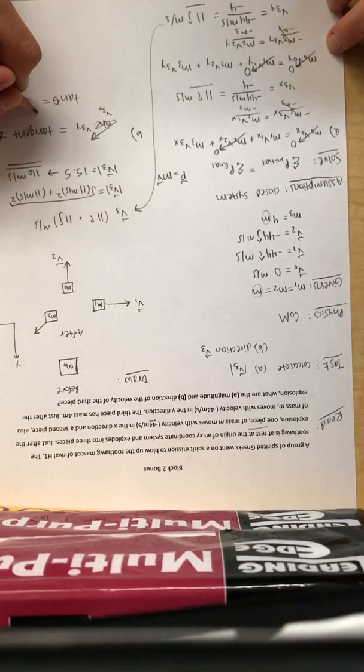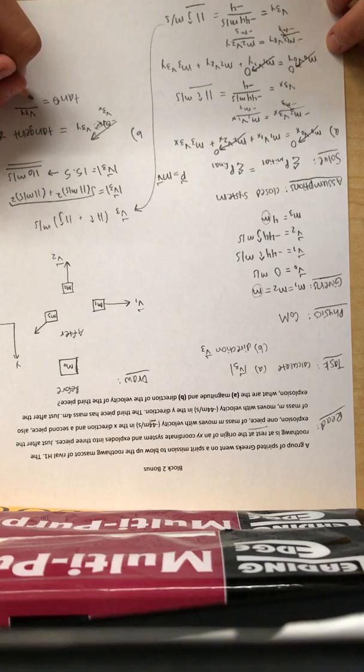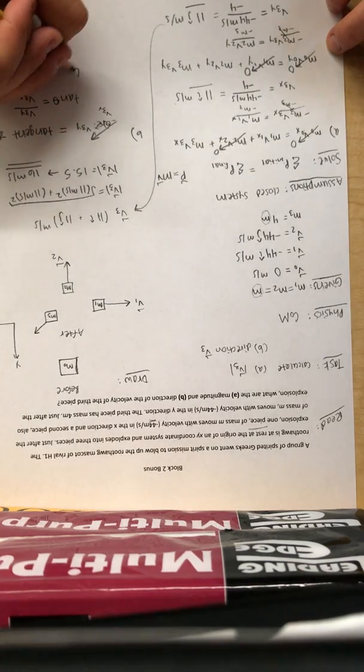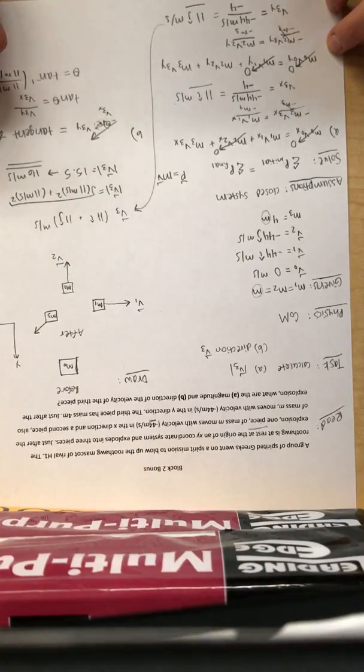The y side is opposite from theta, and the x side is adjacent to theta. And that will equal 11 meters per second over 11 meters per second. And this just cancels out to 1.